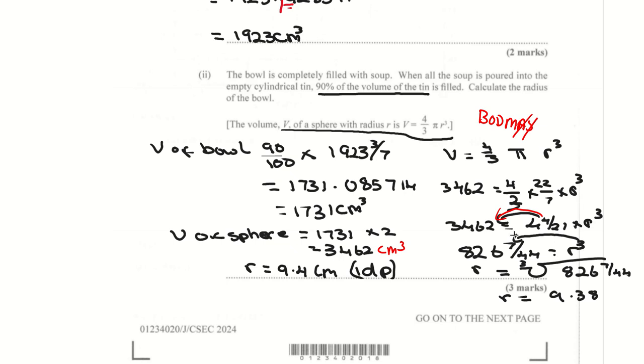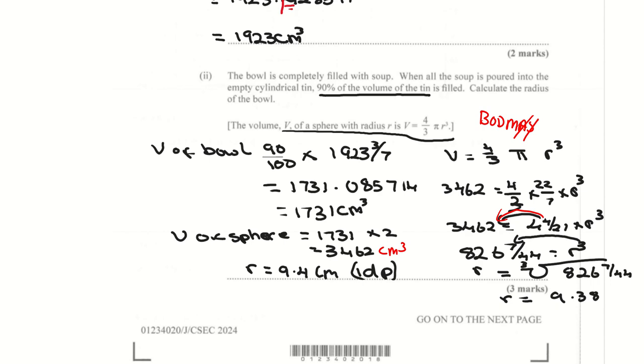You carry across the power of 3, which is the cube root. So the cube root of this answer would be 9.38, or 9.4 to 1 decimal place. And that is your answer for this. Do you understand this, guys? Everybody good? Okay.